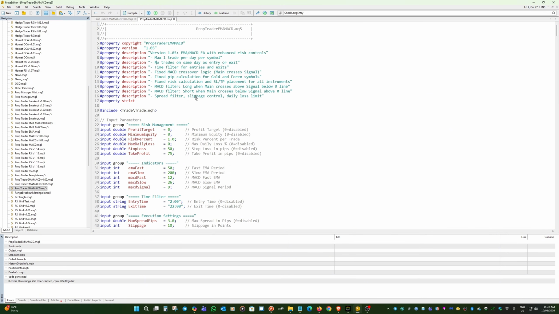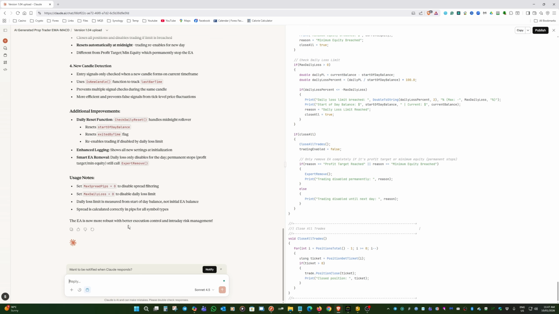So the change we want to make now is going back to Claude, and we want to explain to Claude that the issue for entry is that the MACD line is not closing above or below the signal line before trades are entering. So let's have a look.